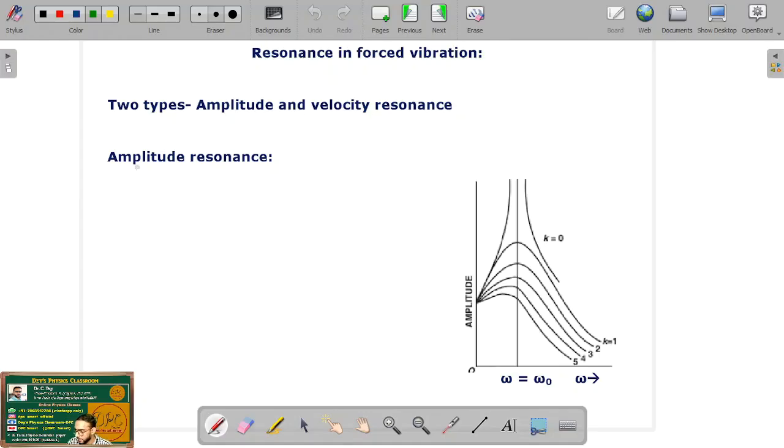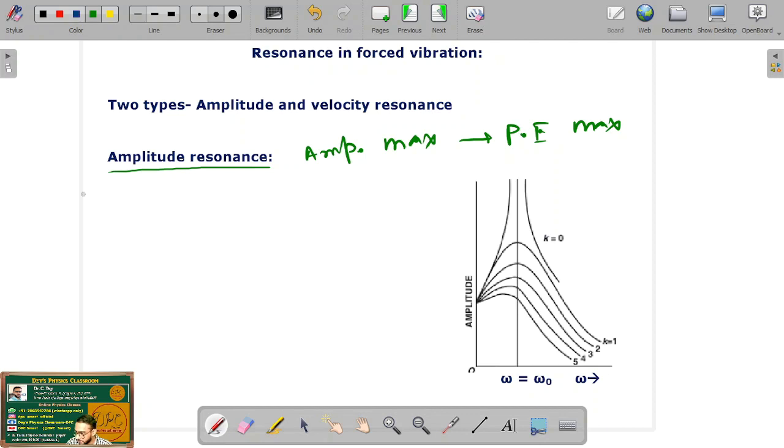In amplitude resonance, the amplitude of the forced vibration becomes maximum, and as a result of that, the potential energy becomes maximum.